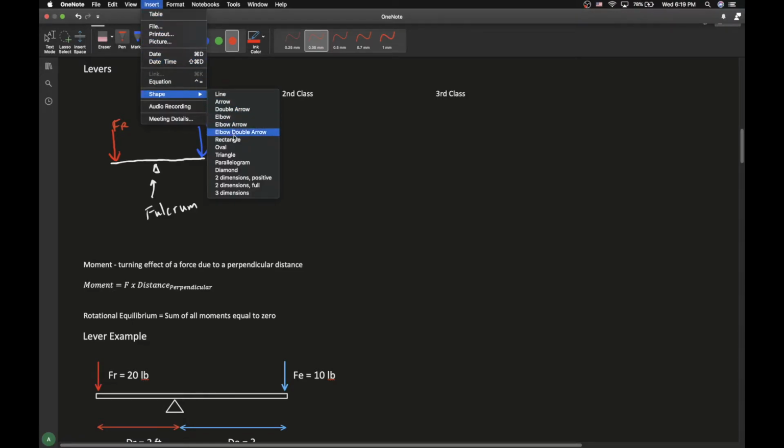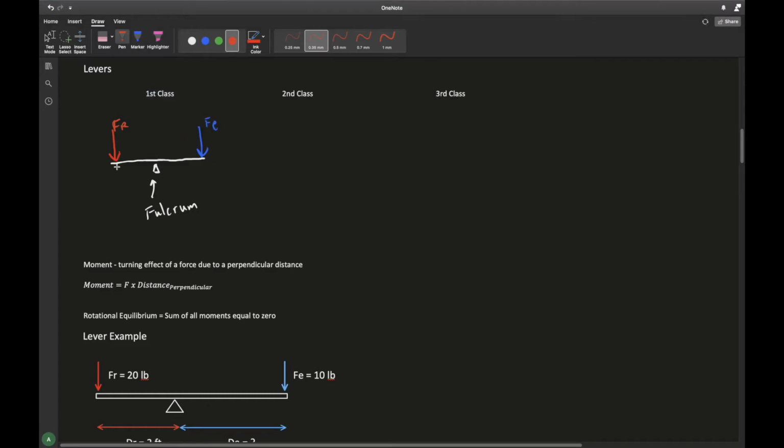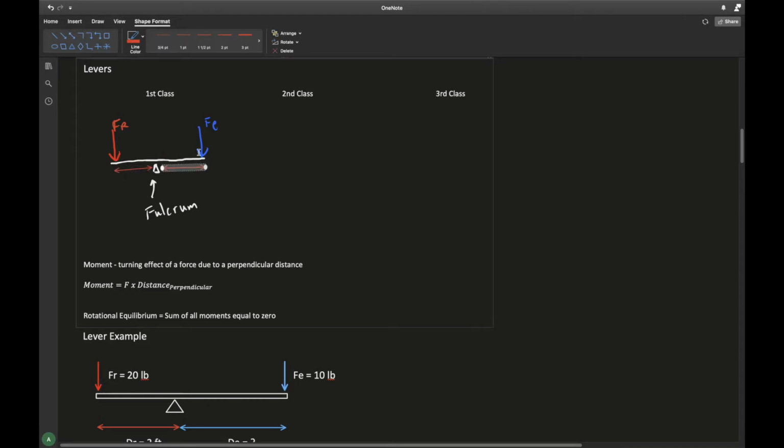With the resistance force, there is the resistance distance, which is the distance from the resistance force to the fulcrum. And for the effort, it's the same thing. It is the distance from the effort force to the fulcrum.